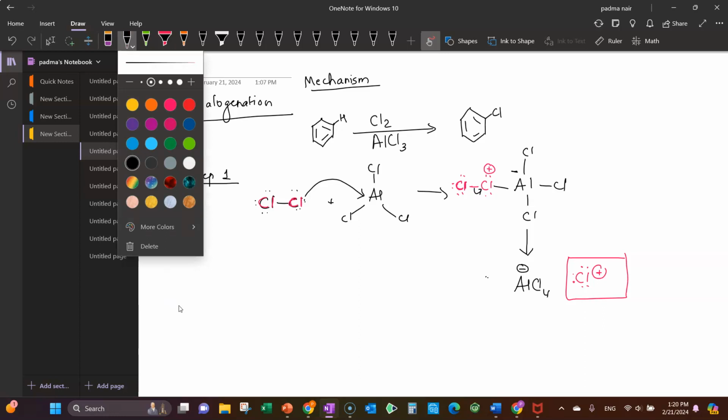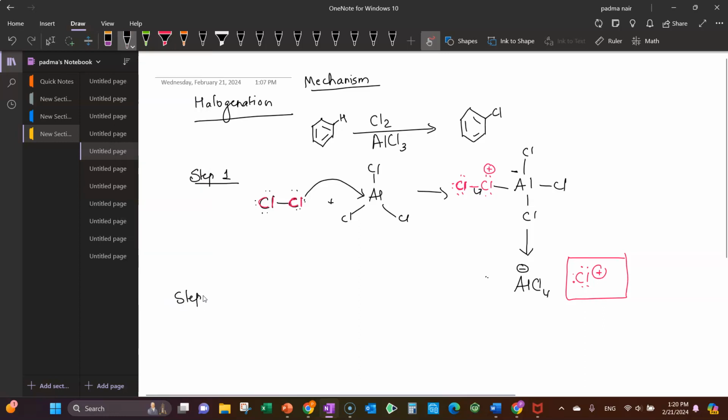Then the next step, benzene reacts with the chlorine plus, opens up its pi bond to form a complex.